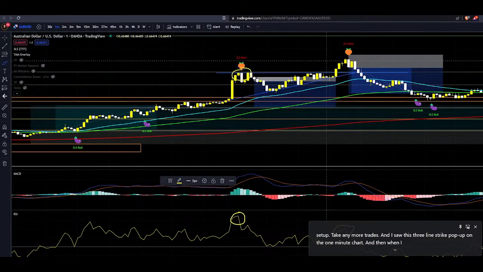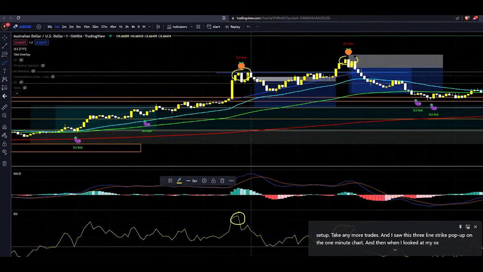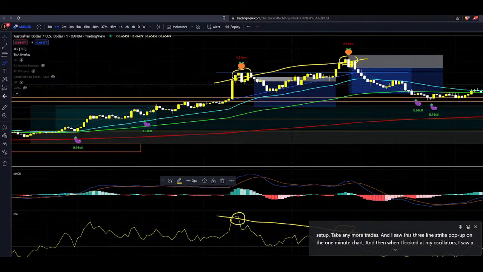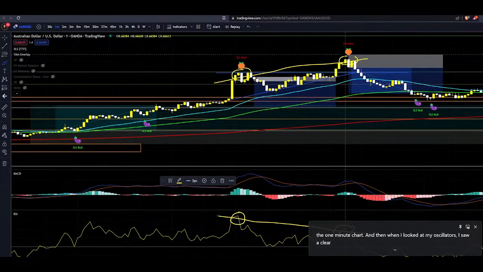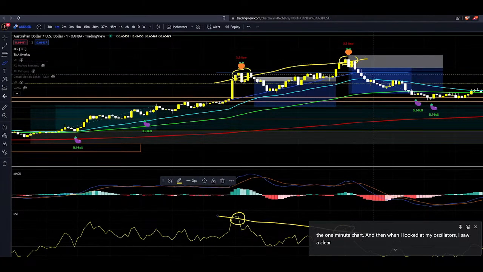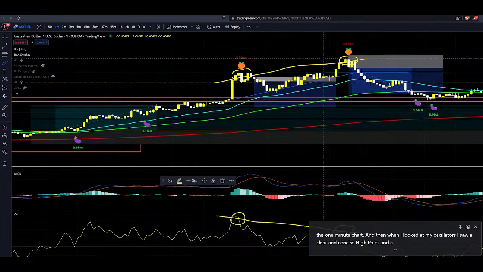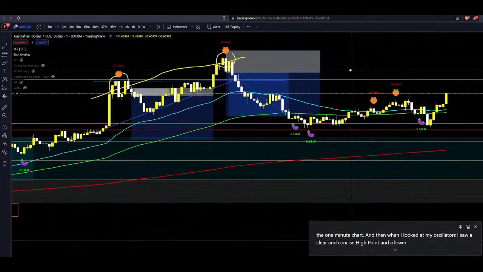A high and a higher high. This, my friends, was a perfect divergence and the trade that I should have waited for, but I didn't. This is a 10 pip stop loss and this is a 20 pip take profit, and it immediately hit that. Again, counter trend trade, but it is what it is.